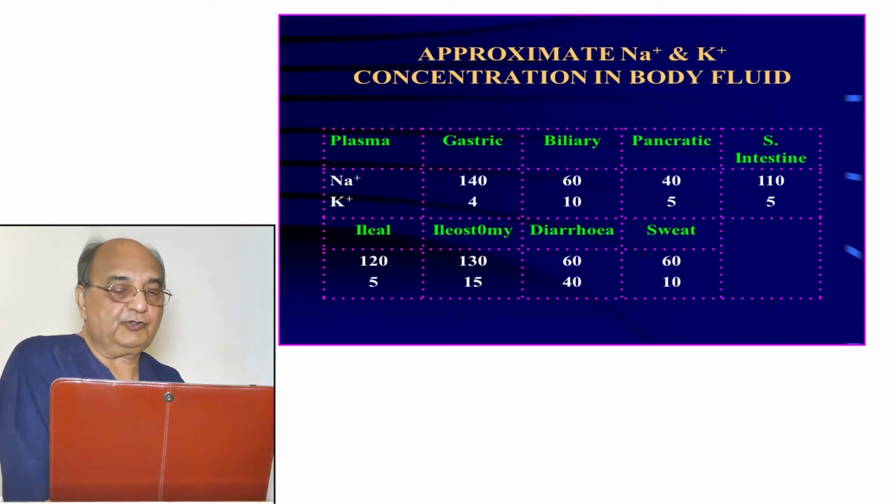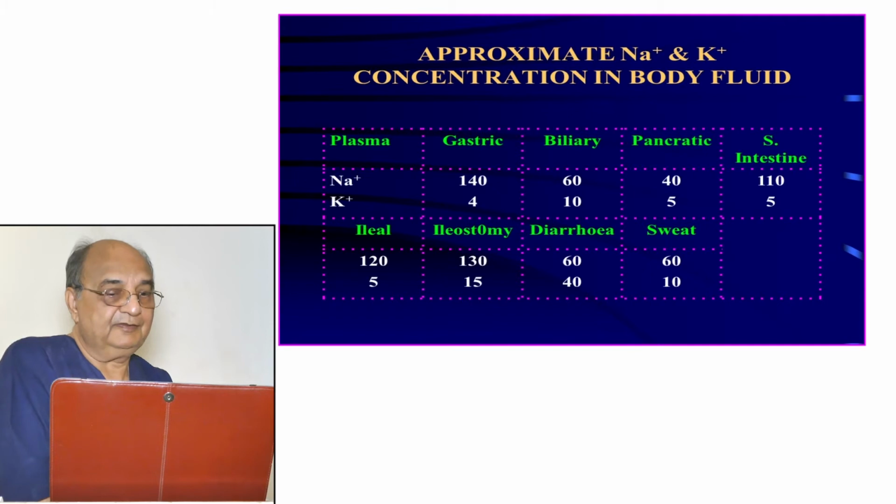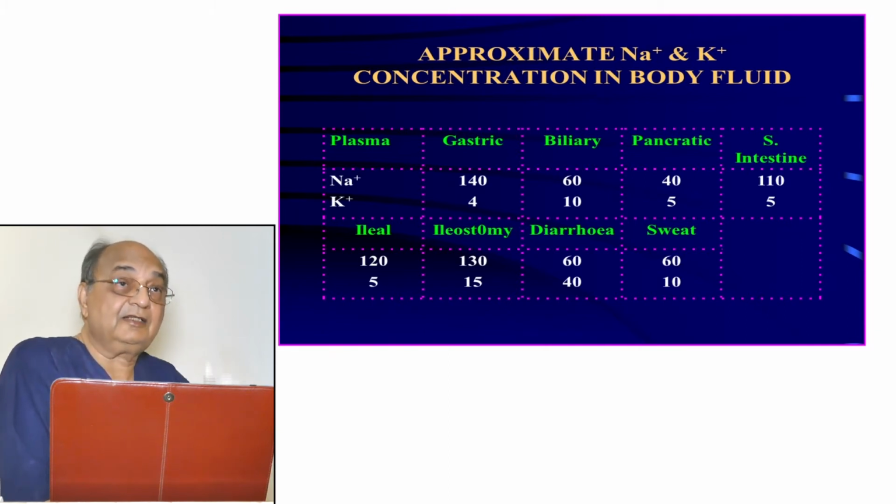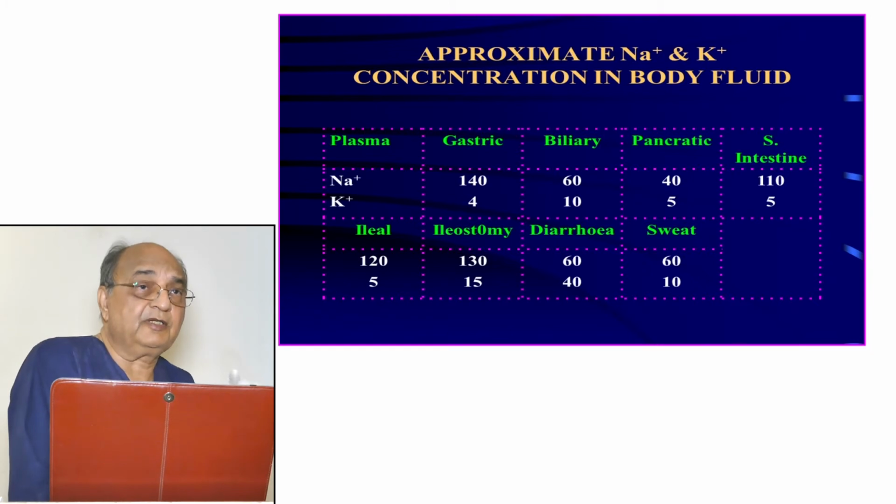Gastric secretions have 140. Biliary secretion has a sodium level of 60. Pancreatic secretion has 40. And intestinal secretion has 110. So all these secretions have a sodium level less than that of plasma. It means if they lose all these secretions, they can never go into hyponatremia.